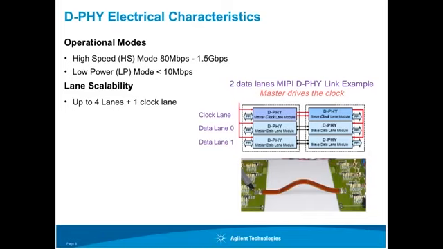So if you need to transfer a higher volume of information, you can either scale the number of data lanes, or you can increase the data rate that runs on the existing data lanes. So there is some flexibility in implementing a D-PHY interface to meet the performance goal.